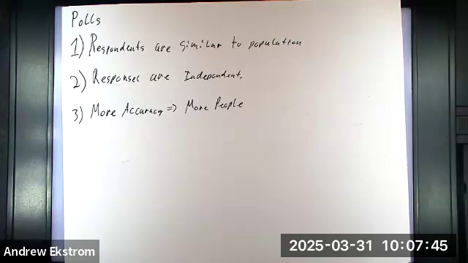So if we're talking about number one, respondents are similar to the population. This means that the people that you're talking to actually represent the population. You can't always do that. So there are some ways you can go about trying to make corrections for that. Just as an example, like say in the Metro Detroit area, about 70% of the population is white, 20% black, and about 10% Latino and other ethnicities.